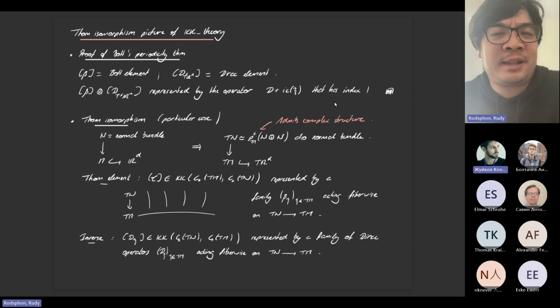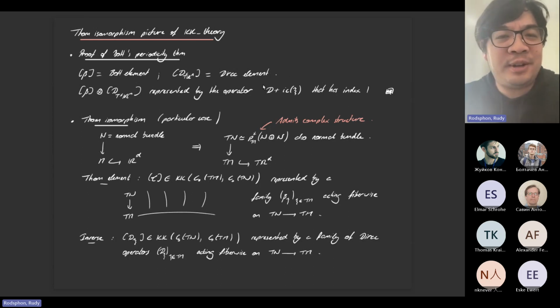I haven't described exactly what the unit in KK is, but basically it's represented by the 0 operator. It's a basic principle in KK, so I won't get into much more detail here. But that's where you see the analysis come in this world. Here we have a harmonic oscillator and a perturbed operator already, and we'll see these kinds of things throughout.